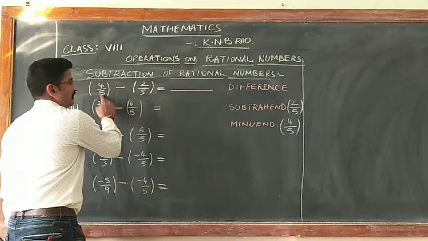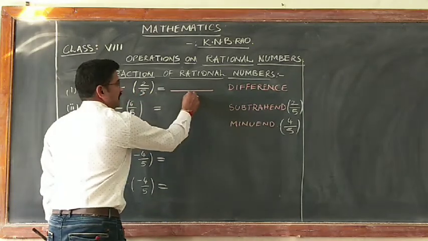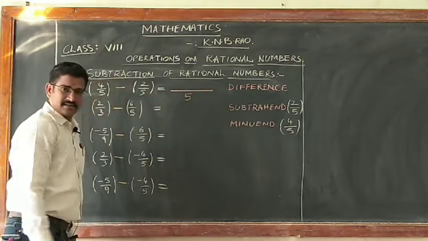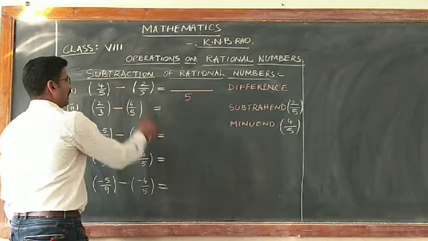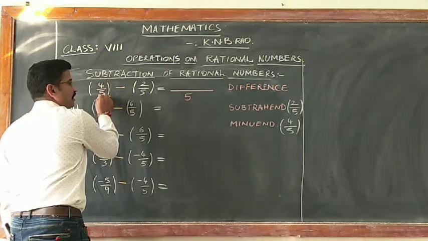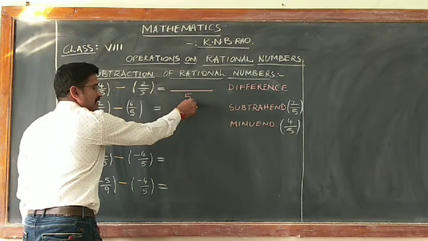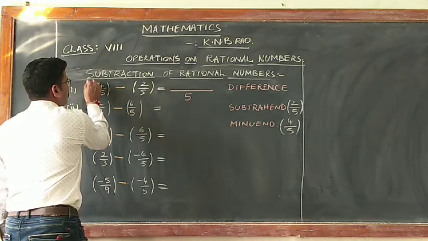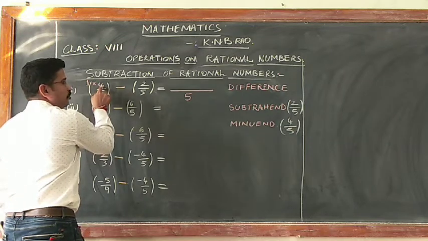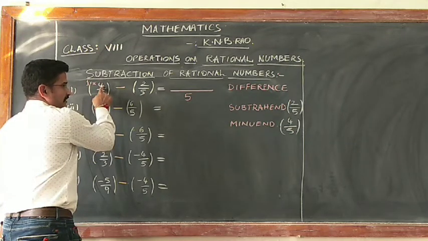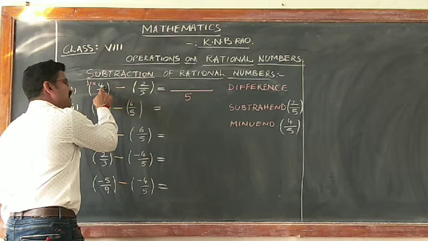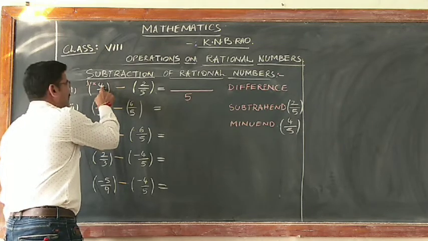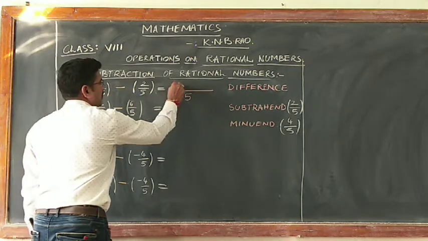Since the denominators are same, the LCM is the same number, 5, and this denominator 5 goes into the LCM one time. So that one time multiplies the numerator of the rational number 4 by 5, which we call the minuend. 1 into 4 is 4.